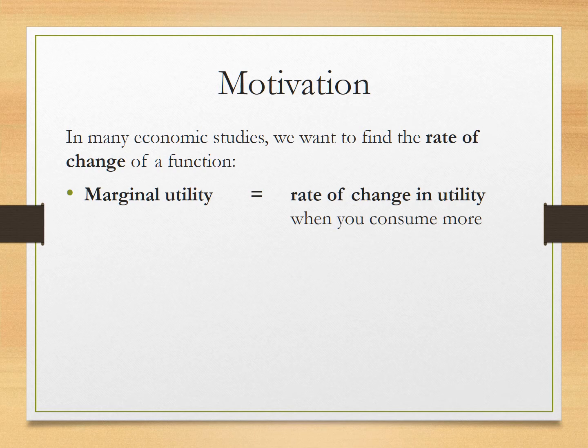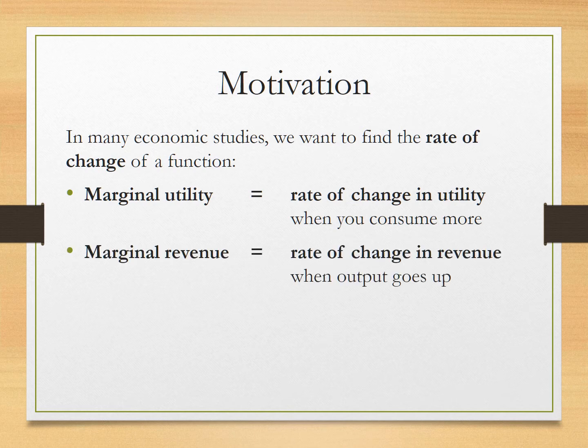That's consumer behavior. In production and firm behavior, you want to know how fast is revenue going up as you produce more. Now this might very well not be positive, right?